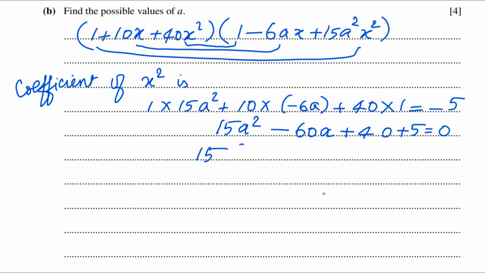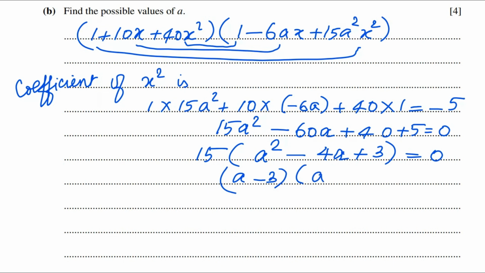So take 15 common, we get a square minus 4a, this will be 45, so plus 3 equal to 0. Now factorize this one, we get (a minus 3) multiplied by (a minus 1) equal to 0.